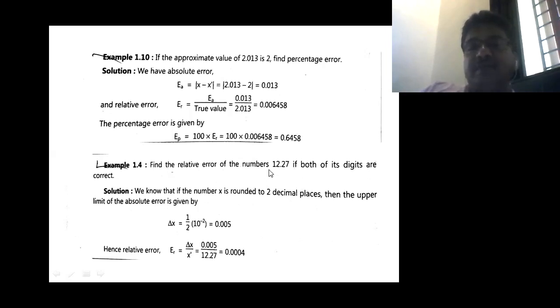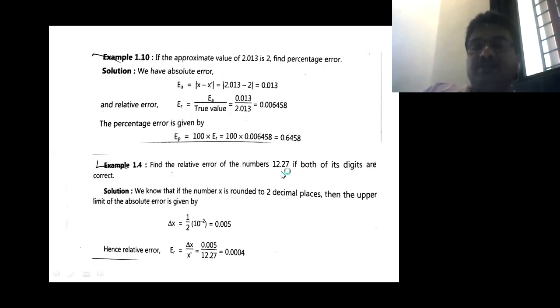This number is rounded to 2 decimal places, because after the point there are 2 digits, and therefore the upper limit of absolute error delta x is 1/2 into 10 raised to minus n, and n is 2, and therefore we have the answer 0.005.